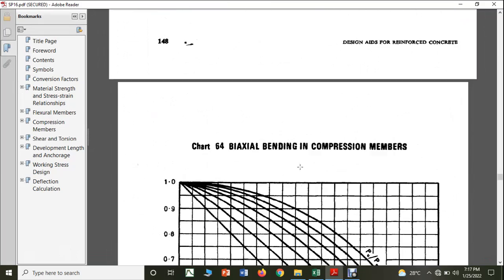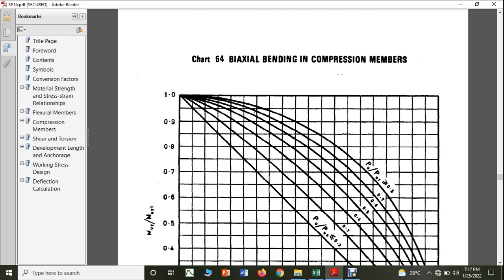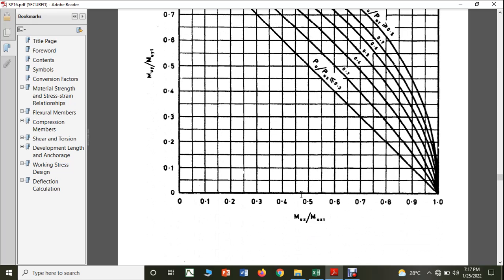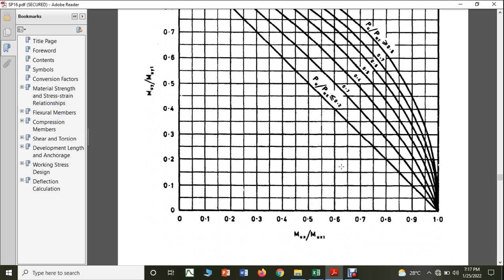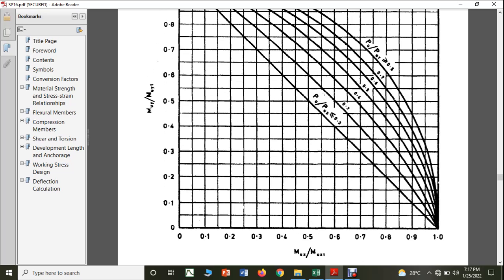Now go to the chart 64, which is used for biaxial bending. You have the corresponding PU by PUZ value here. We have PU by PUZ as 0.56, so I go along the 0.4, 0.5, 0.6 line, and the corresponding MUY by MUY1, that is 0.64, I can take as 0.65.